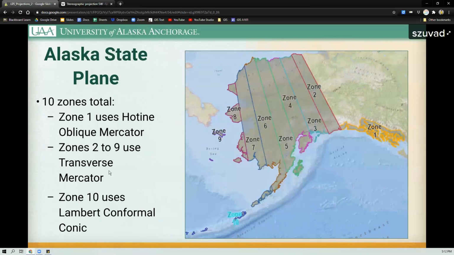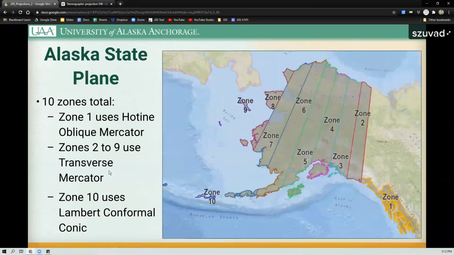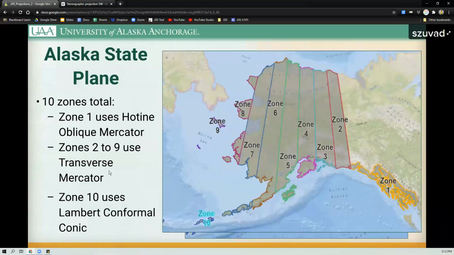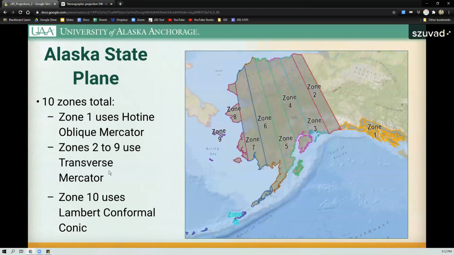And that one's what it would look like if you tried to apply that Lambert conformal conic system from the Aleutians to the entire state. So none of these are particularly ugly, but they're all different for a reason. And that reason is amplified when you're working in that specific area.